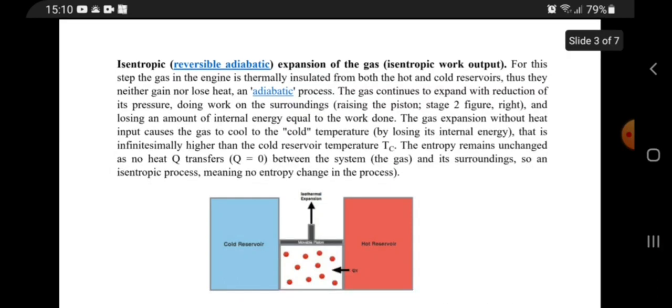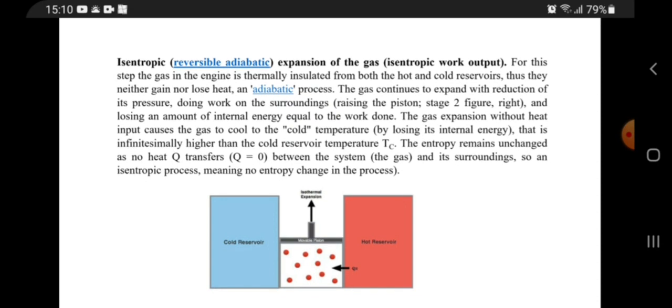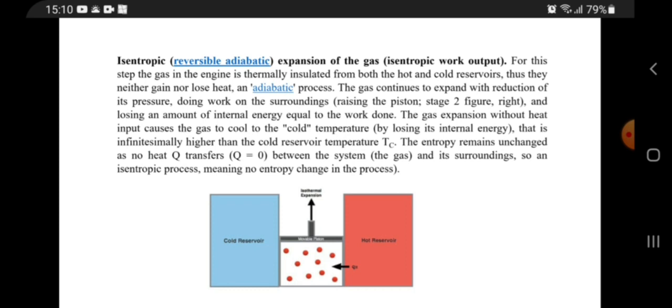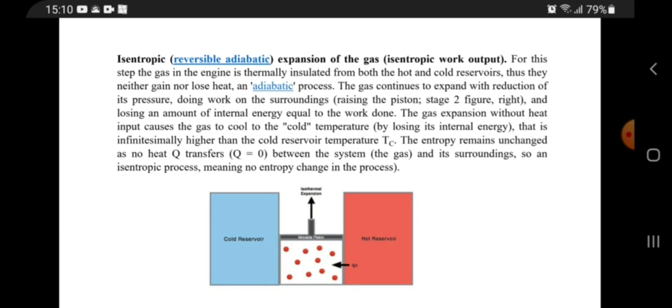The gas loses an amount of internal energy equal to the work done. The gas expansion without heat input causes the gas to cool to the cold temperature by losing its internal energy. It is infinitesimally higher than the cold reservoir temperature, that is TC.